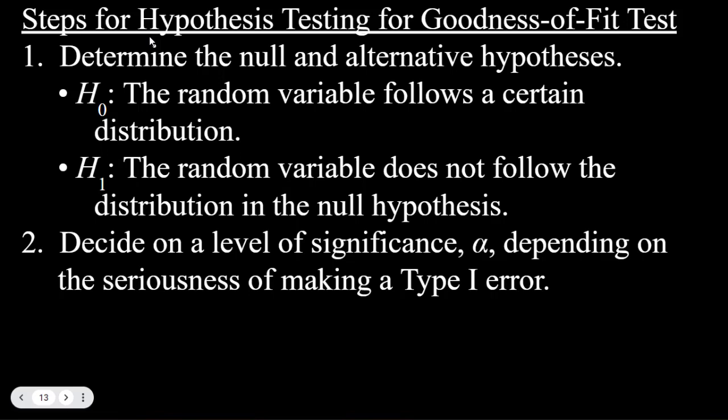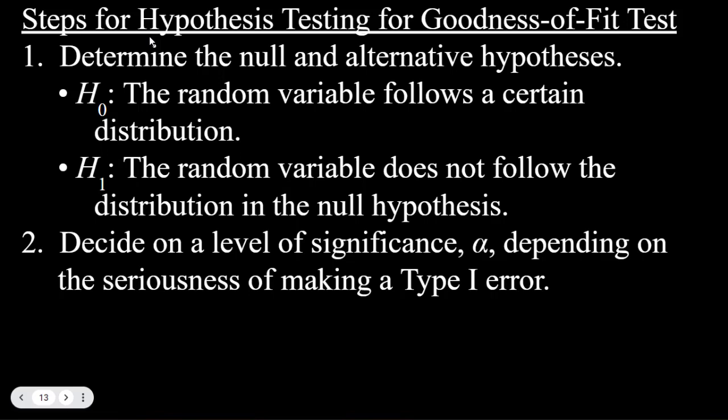We are assuming with our null hypothesis that the actual counts, the observed counts, are going to be the same as the expected counts, the same as those percentages. H sub 1, the alternative hypothesis, is that the random variable does not follow the distribution. It's very easy to set up our hypotheses here, because the null hypothesis is always that these two things are equal. The alternative hypothesis is always that they are not equal.